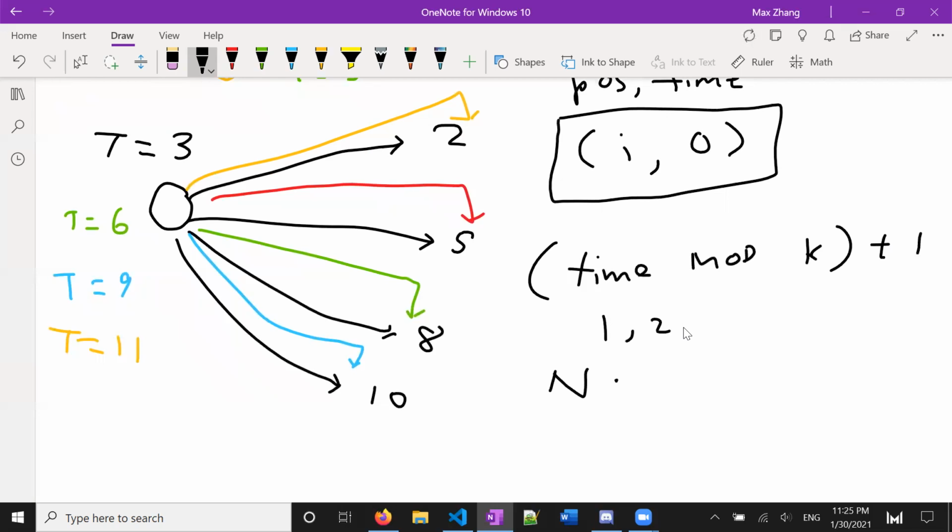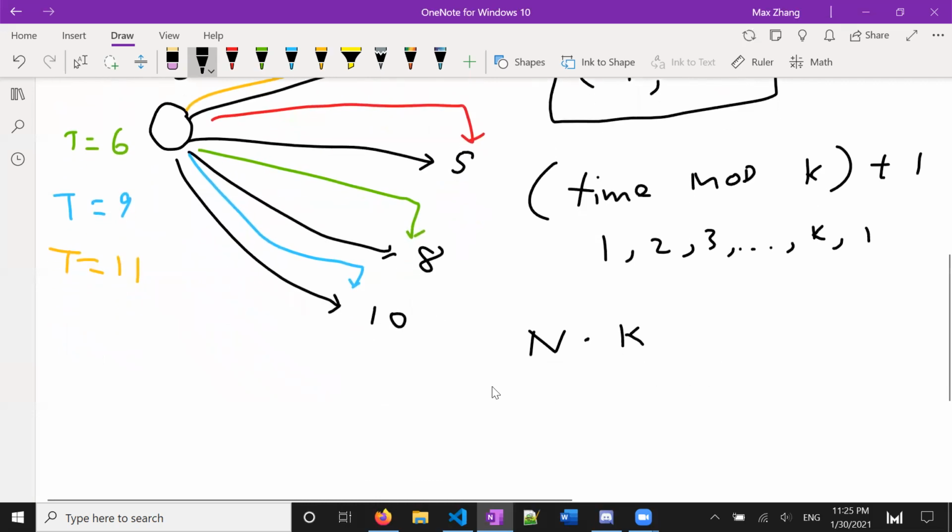Because 1, 2, 3, up to k, and then 1 again. So the number of position-time pairs would be n times k. And if we do this for each cow, we get O of n squared times k, which is still way too slow. So how can we speed this solution up?